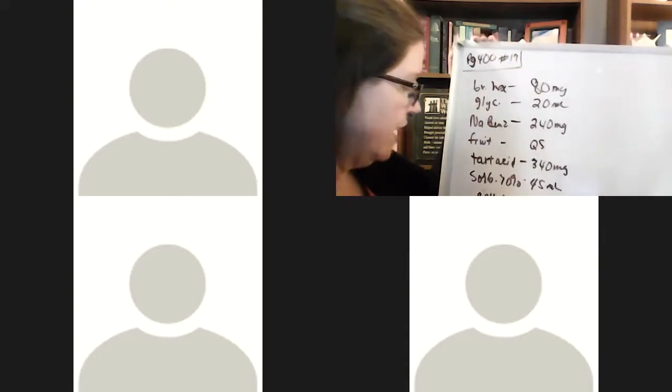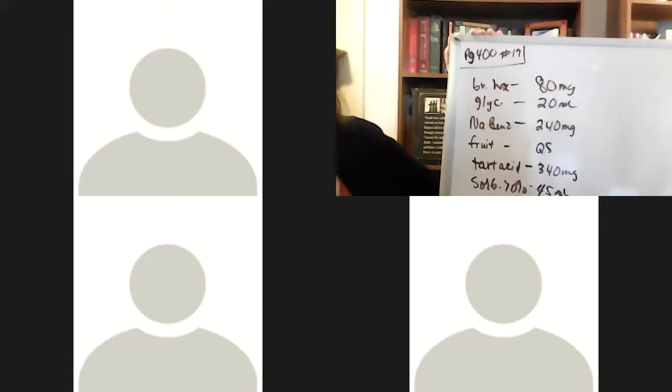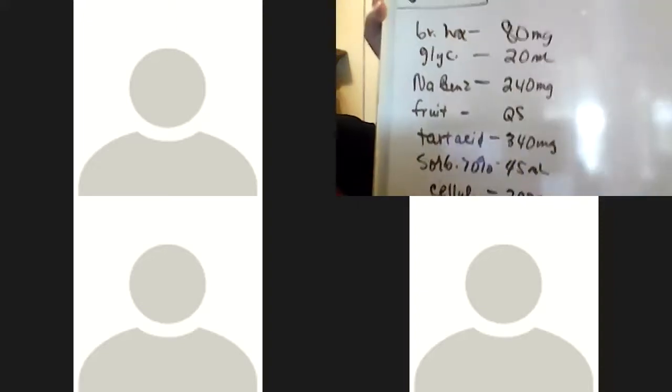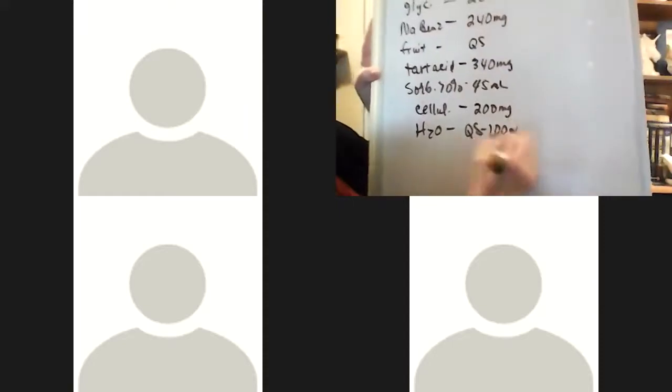And you're going to QS to 100 milliliters. Okay. And then it gives you a place to put all of your changed recipe. Okay, so here's the original recipe. You have all of these things, and this makes 100 milliliters.